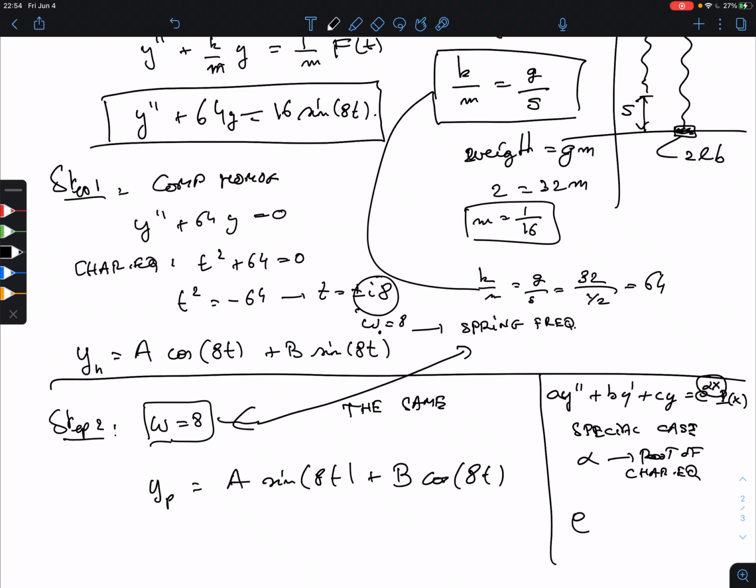Because then we would normally take y to be u times e to the alpha x, that's the procedure that we should follow. But we run into a problem because alpha is already a root of this characteristic equation.